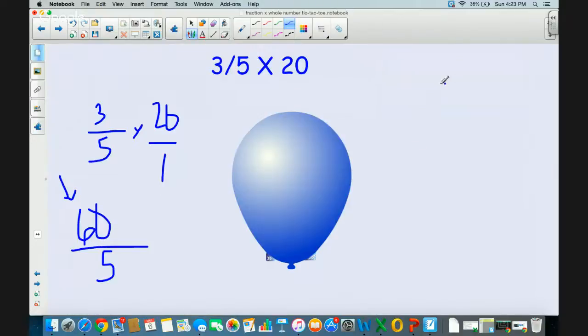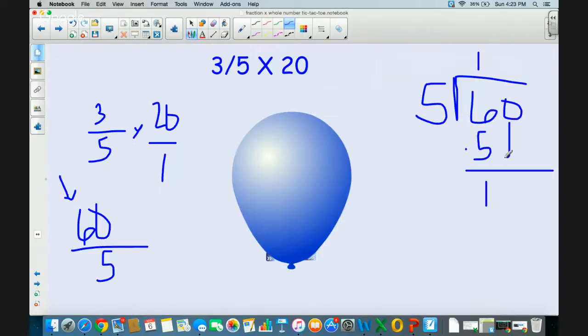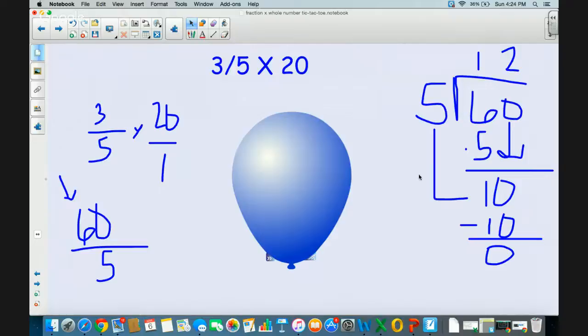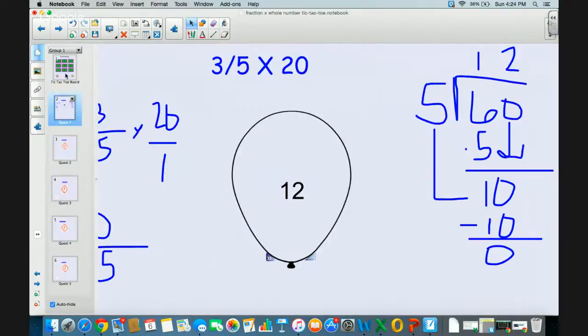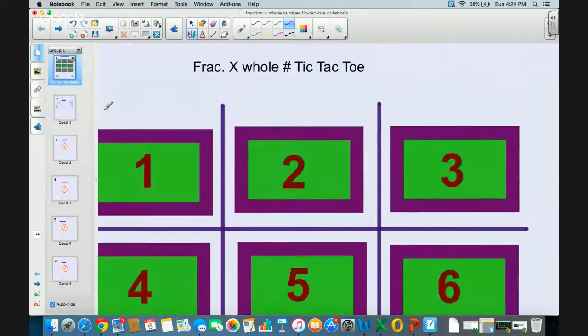So 5 will go into 60 1 time there. Bring down my 0. And then 5 will go into 10 2 times, with nothing left over. So my answer should be just 12. Okay, we got done with number 1.